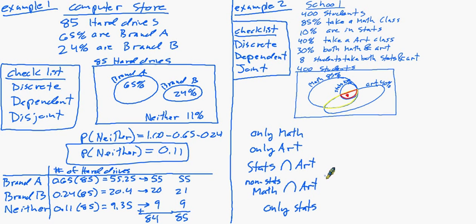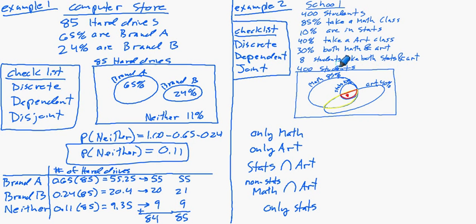And here are a couple others. We can have the non-stats math, which would be intersecting with art, which would be this area in here. That's your non-stats math and art. And then, oops, that didn't erase. There we go. And then only stats.